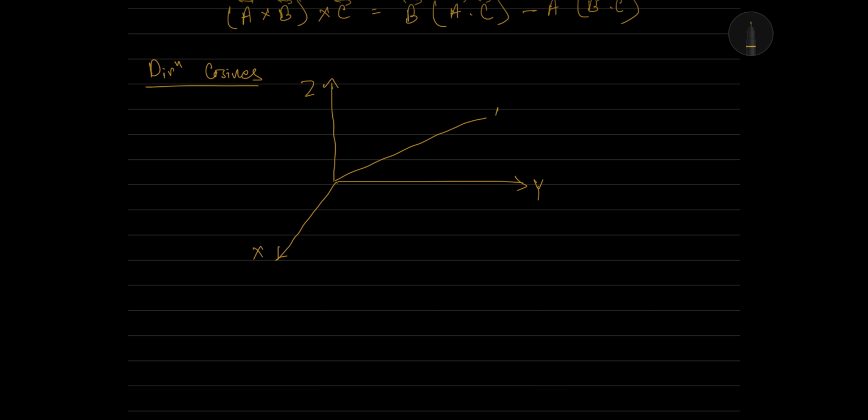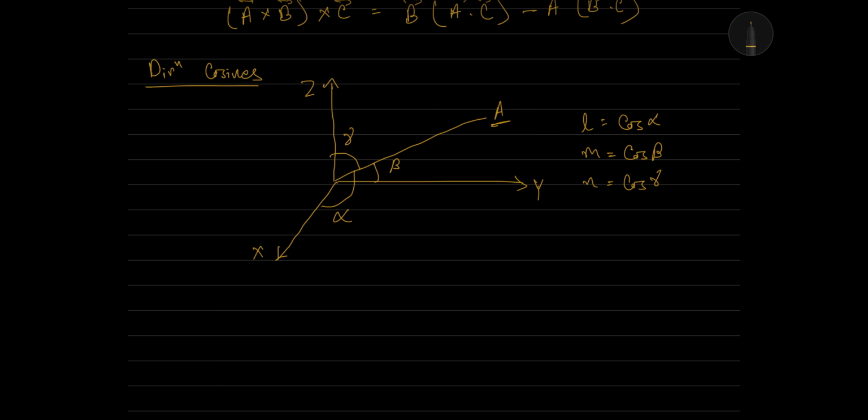Let A be a vector whose angle with x direction is alpha, y direction is beta, and z direction is gamma. Then the direction cosines of the vector will be L equal to cos alpha, M equal to cos beta, and N equal to cos gamma.